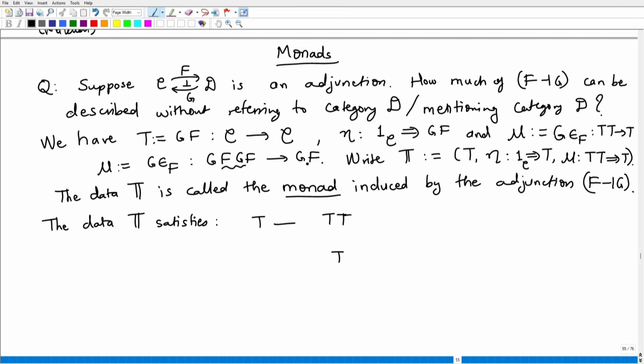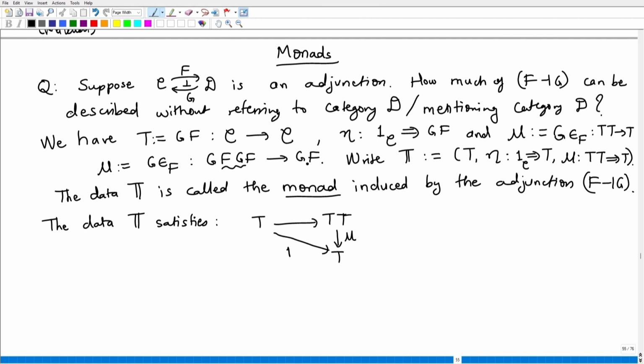From T to TT and TT to T, can you suggest something? What can be the arrow from TT to T? You just have to use eta and mu. This should be mu. Yes, TT to T, that is just mu.